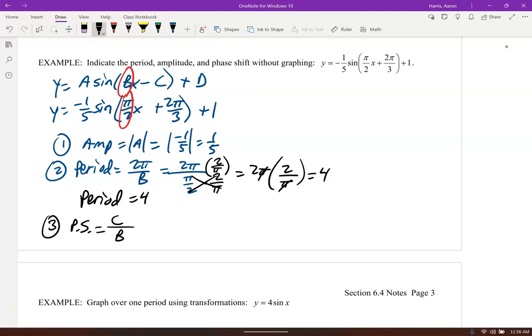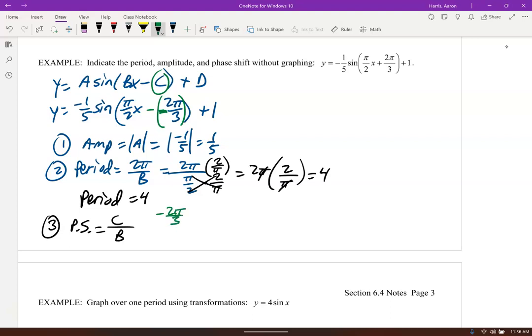Okay, what's our c? Can you see how c follows the minus sign? Right, so it's minus c, but we don't have a minus. We have a plus here. So just be careful on that. You might want to write that. That's the same as minus a -2/3. So can you see how c is actually -2 pi thirds?